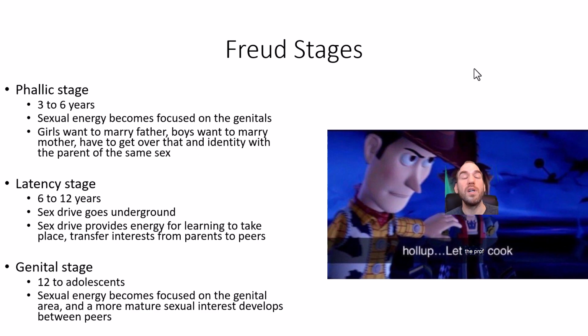So if you don't resolve the oral stage, maybe you're a 30-year-old who still sucks their thumb because they never successfully resolved the challenges presented within that stage of development. Not only that, you can also see with Freud that development really stops at adolescence. He conceptualized it as birth to adolescence, and that's it, and it's all sexual in nature.